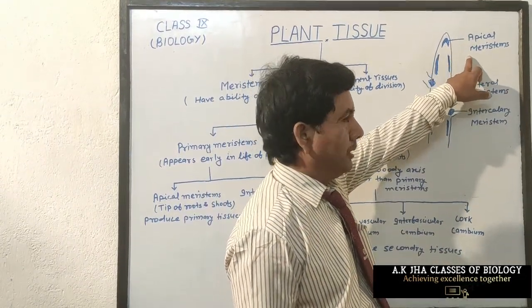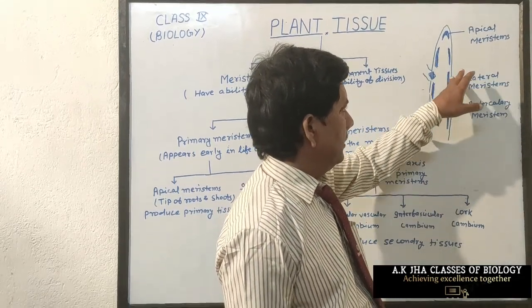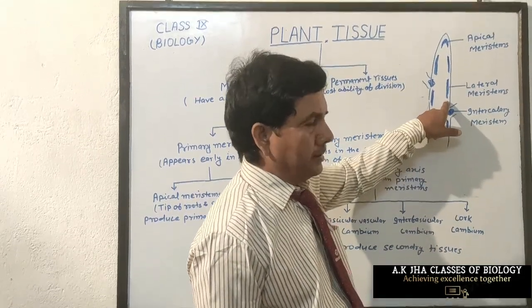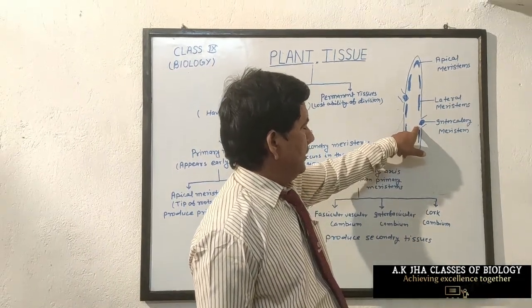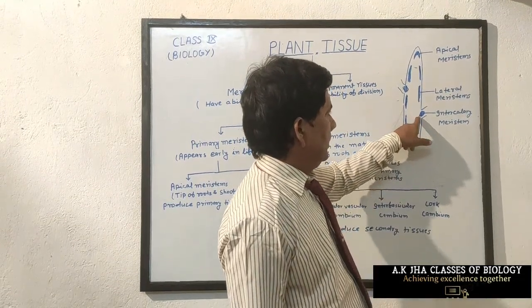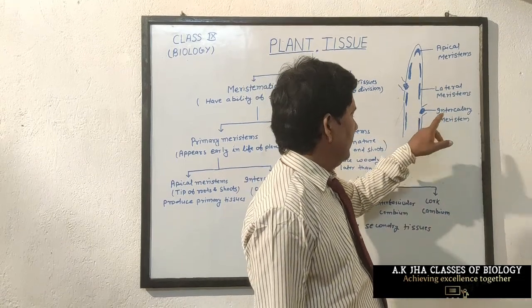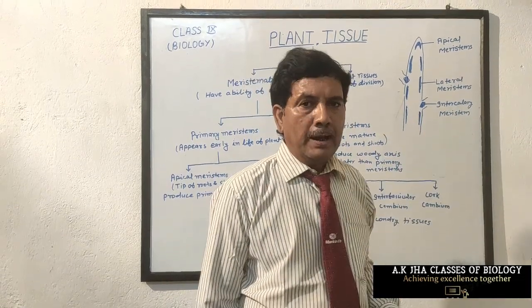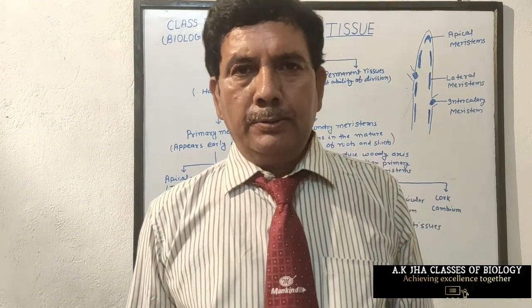On the lateral side of the stem and root, lateral meristem is present, and on the nodes at the axis of the leaf or branches the meristematic tissue present is called intercalary meristem. So far we have discussed different types of meristematic tissue.